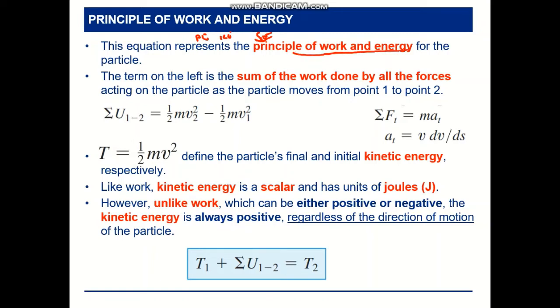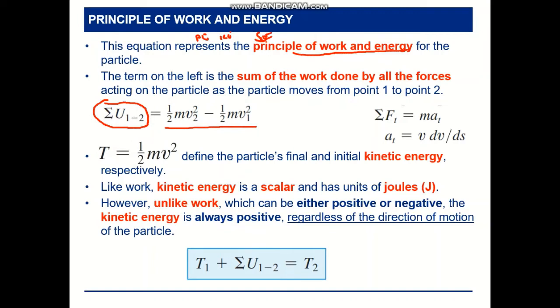We are going to show here that the sum of the work done by all the forces acting on the particle as it moves from point 1 to point 2 is going to be the change of the kinetic energy. The potential energy plus the spring energy are reflected in the motion of this particle.